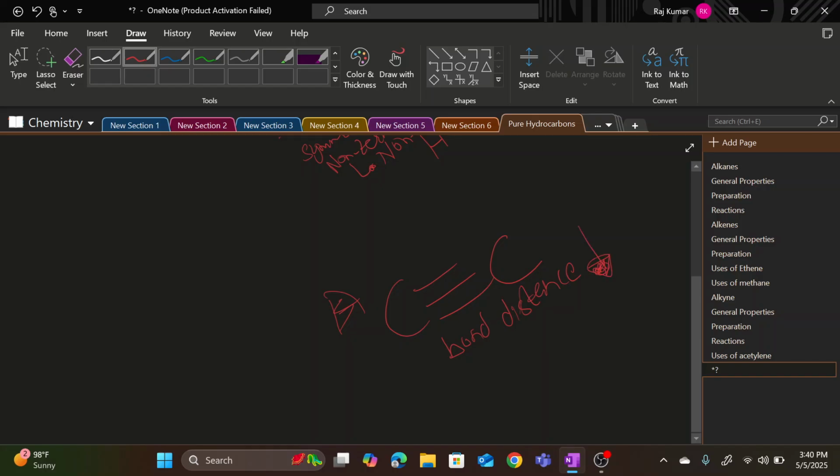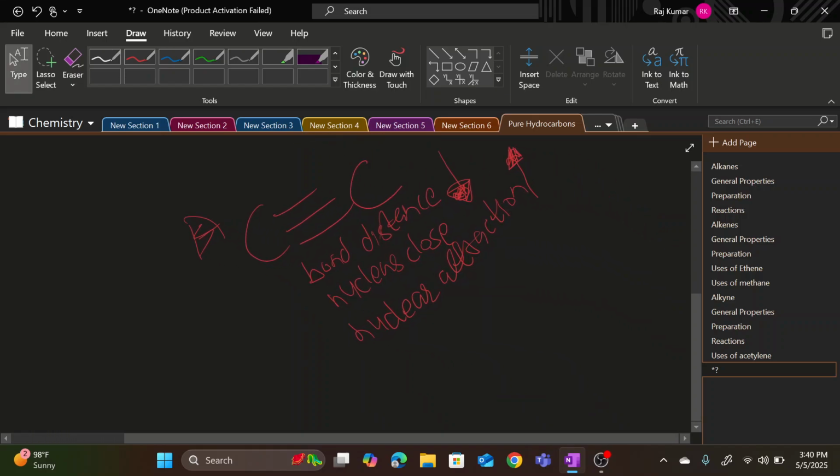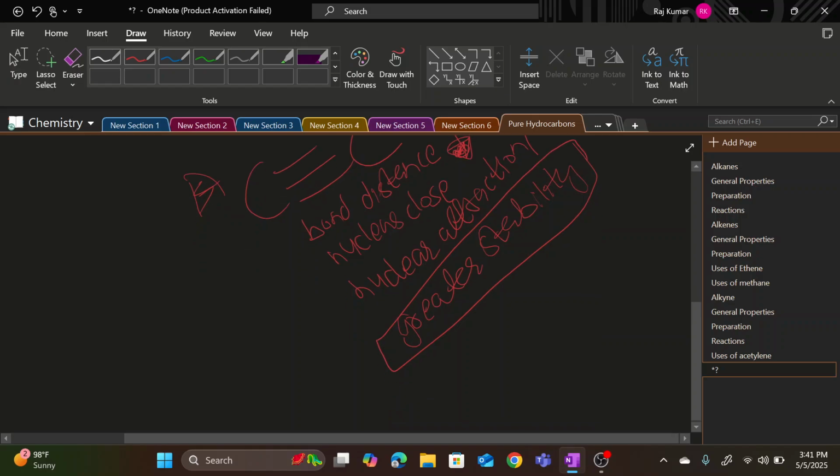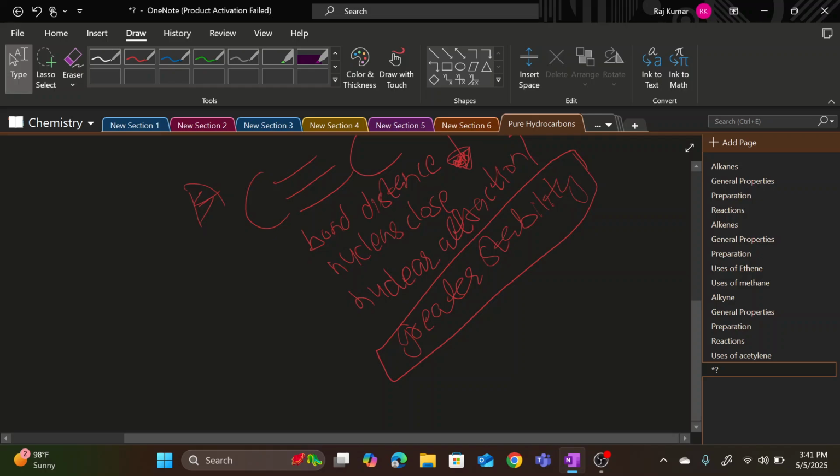Because of the low bond distance, the nuclei are close together, and due to this, nuclear attraction is extremely high. Because of the high nuclear attraction, there is greater stability in the alkyne molecule.